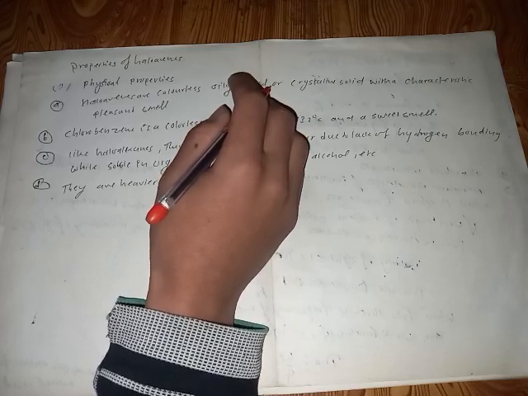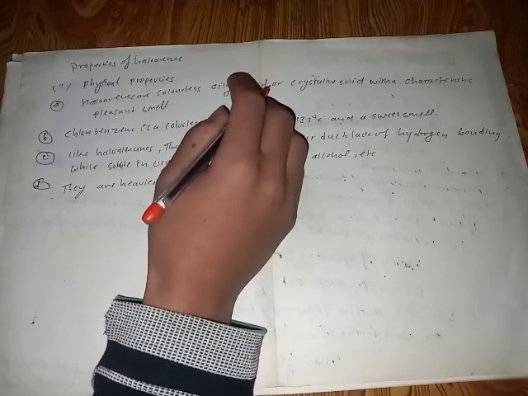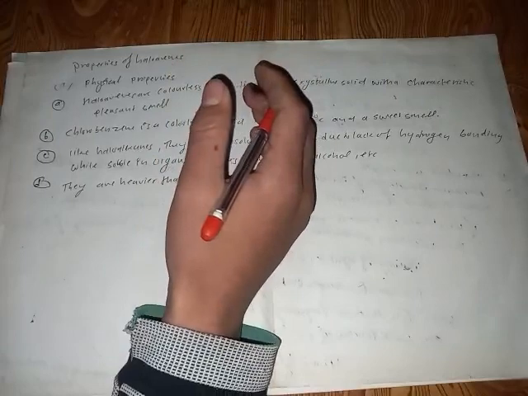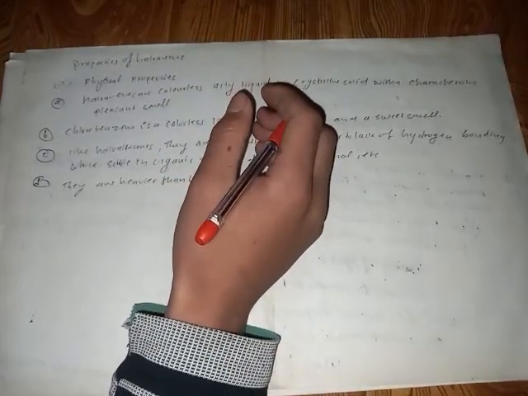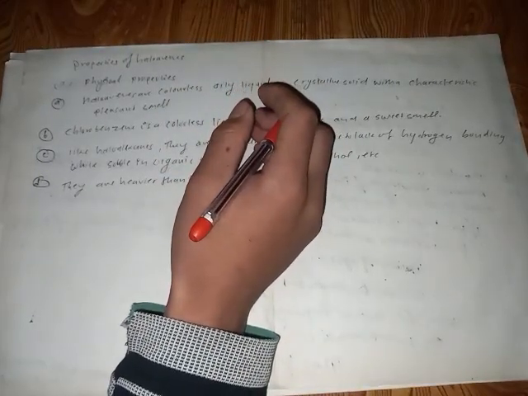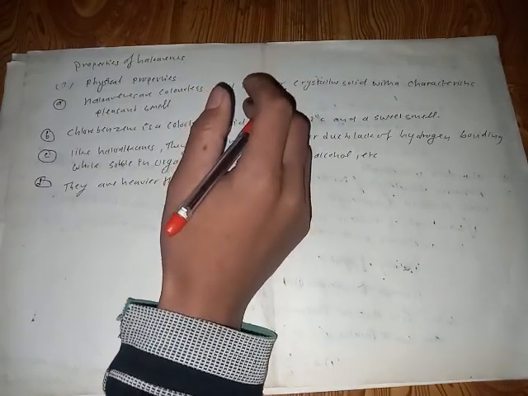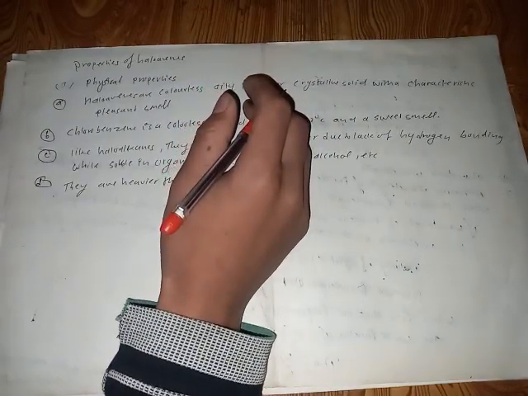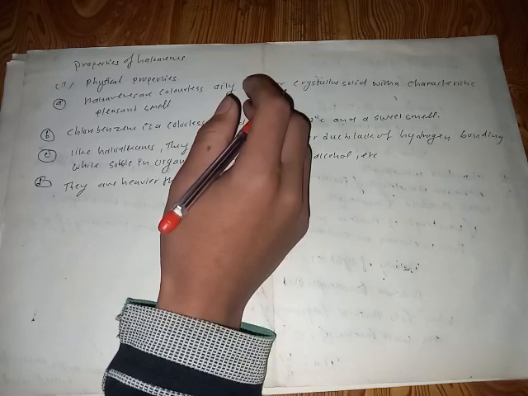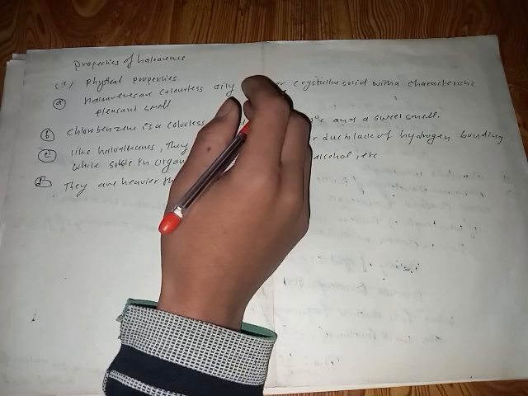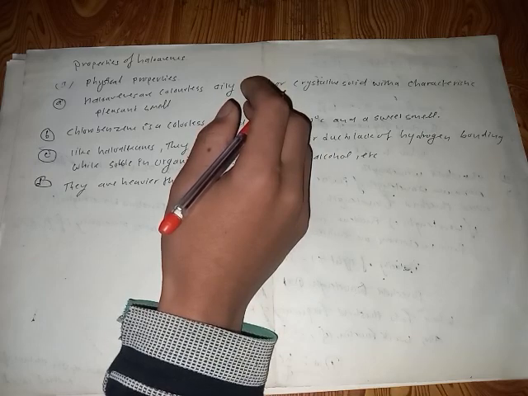Point E: haloarenes and haloalkanes containing the same number of carbons have nearly the same melting point and boiling point. The boiling point of haloarenes is higher than that of hydrocarbons having comparable molecular mass. This is due to the greater magnitude of van der Waals forces developed by the polarity of the carbon-X bond, where X means a halogen.